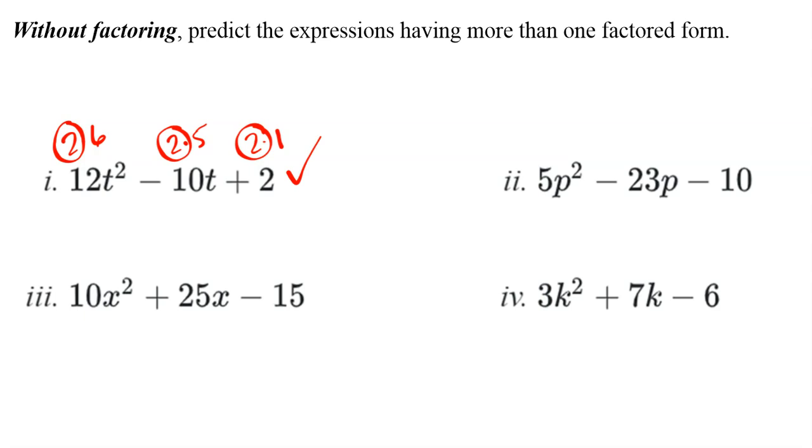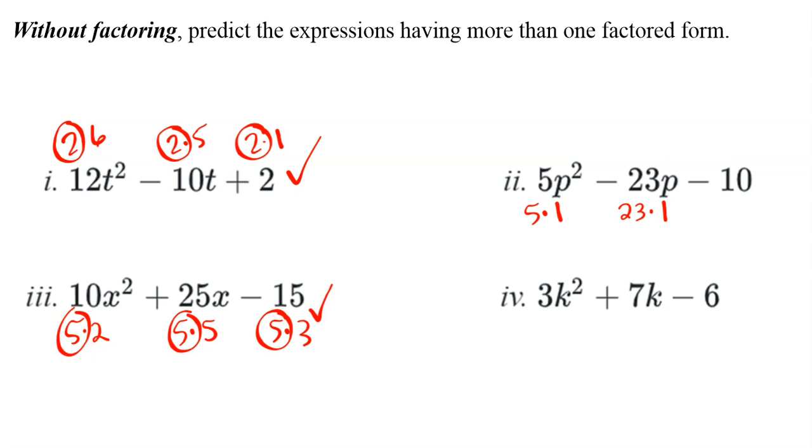Okay, now if we look at the next one here, that 10, well, that's 5 times 2. This 25 is 5 times the 5, and this 15 is 5 times 3, and we can see that we can pull out a 5. So this one will also have more than one. And then if we look at this 5, well, that's 5 times 1. 23 is 23 times 1, and that 10, well, already the 5 and the 1, we're not going to pull out a 1 because that's kind of crazy.